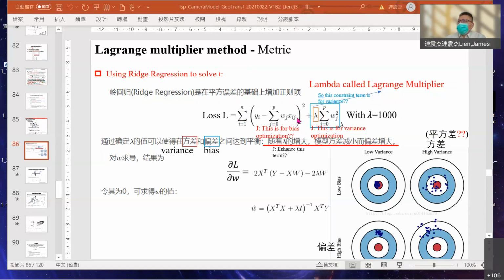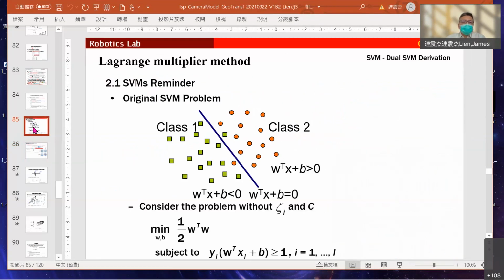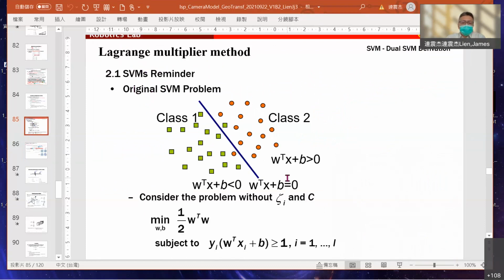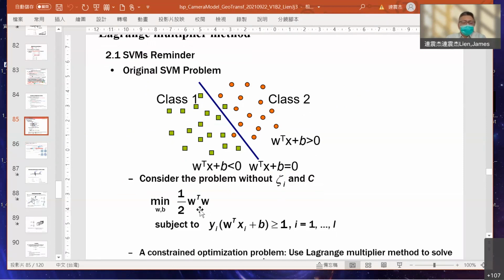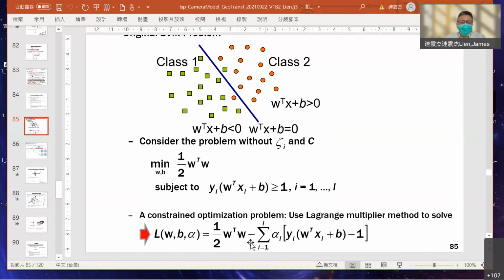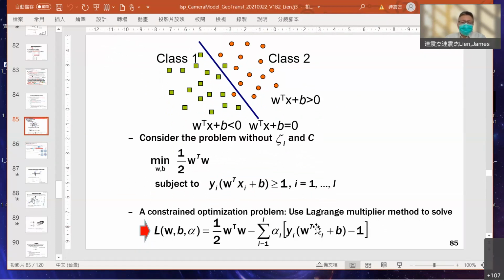This kind of idea is in the support vector machine, on the previous page 85. The support vector machine also uses the original sum square difference, and has one more constraint here, so it becomes Lagrange. You try to minimize the unknown parameters using the gradient descent method.